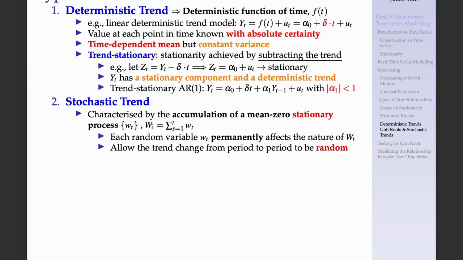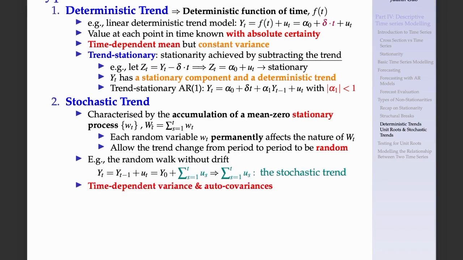And given that this w is random, this allows the trend change from period to period to be random, because we cannot predict the next move for the lowercase w. Therefore, the uppercase W, the accumulation of these random variables, is stochastic, unpredictable, random.